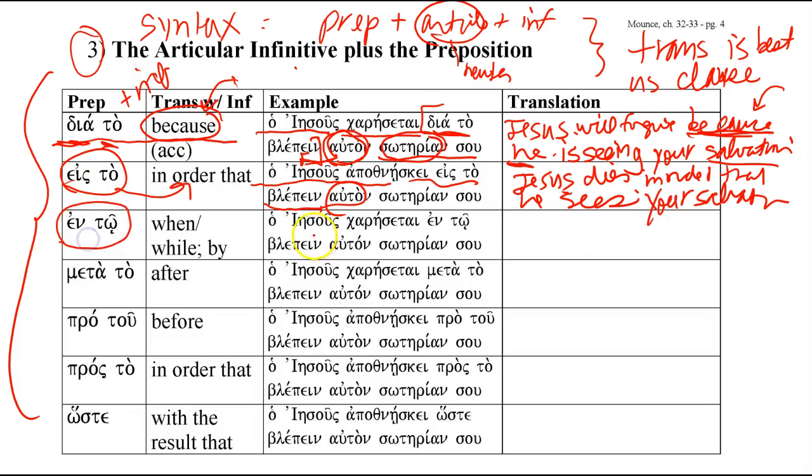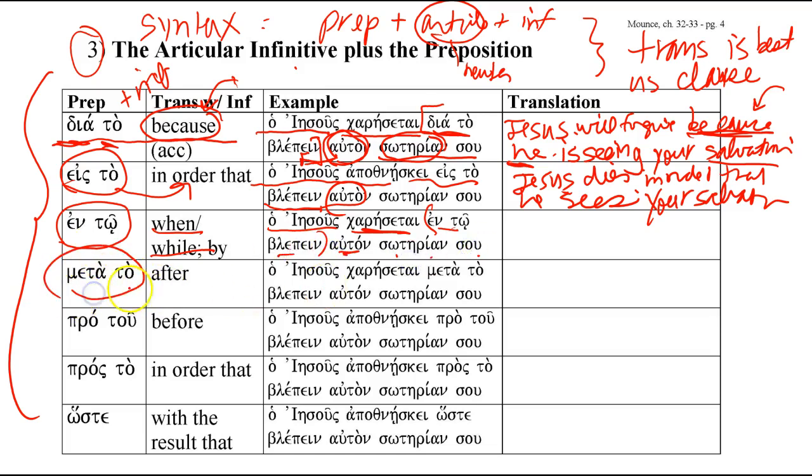En to, translated as when or while. So how would you translate this? So Jesus, I'm going to go back to the word forgive, will forgive, en to blepein. So Jesus will forgive, en to, when he sees your salvation.